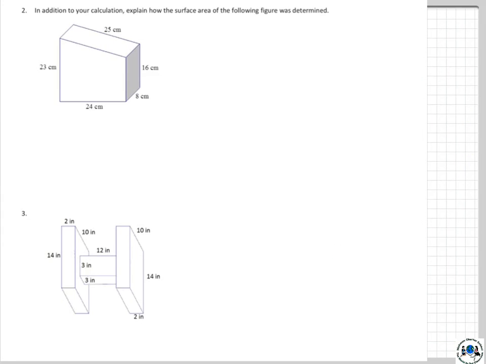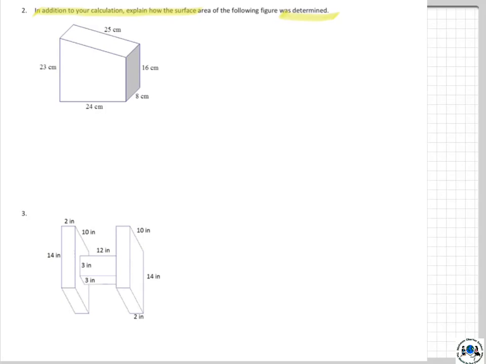All right, here is another. It's number 2 here. In addition to your calculation here, now they want us to explain how the surface area of this figure was determined. And I'm not exactly sure what they mean, but here's the way I interpreted it.